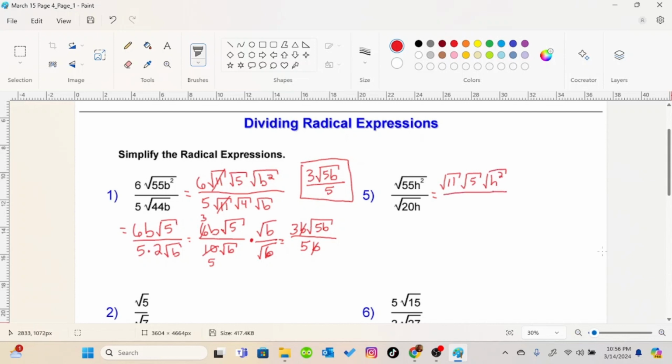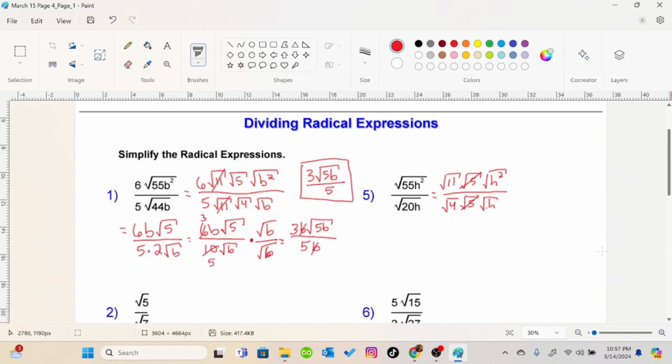And on the bottom, the square root of 20h is the square root of 4 times the square root of 5 times the square root of h. So here we have a square root of 5 on the top and the bottom that can cancel each other out.